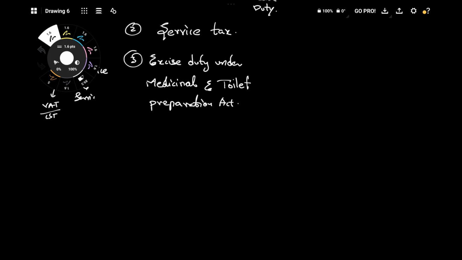And there is also some part of import duty taxes. Those are countervailing duty, and special countervailing duty.